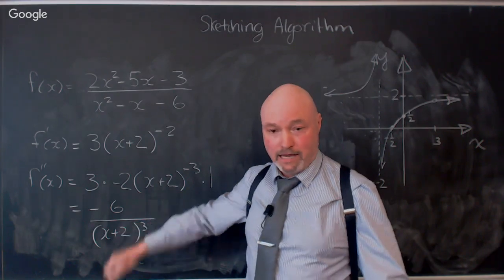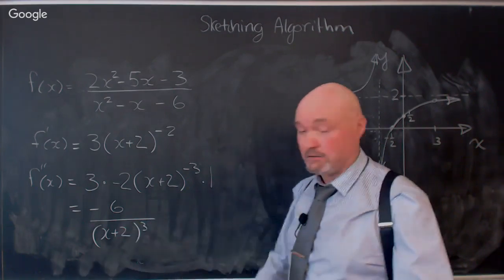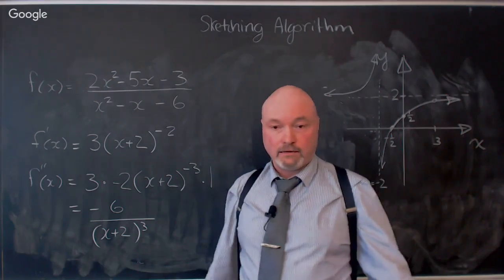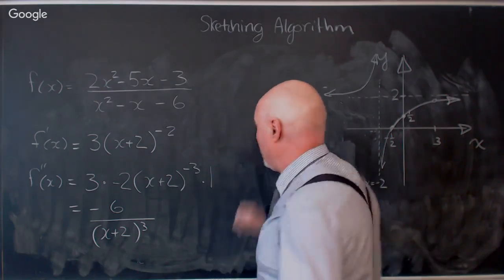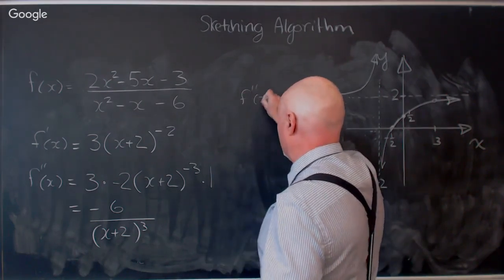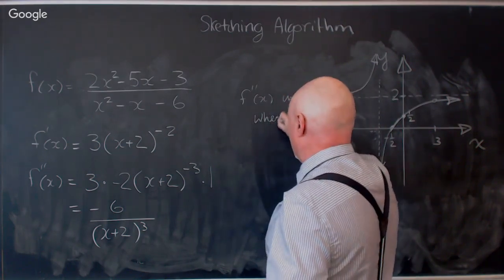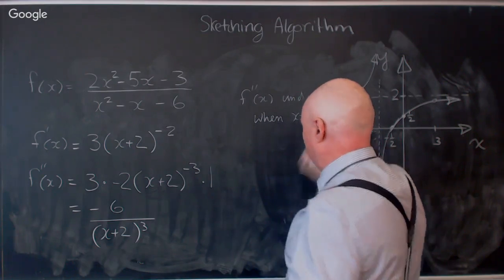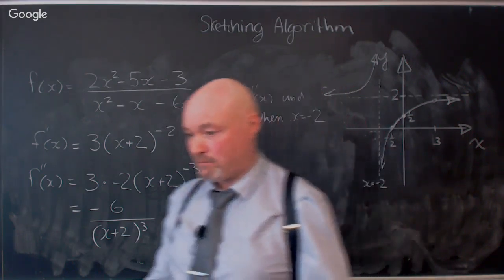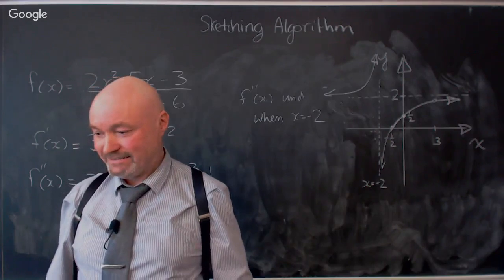Absolutely nothing. There is no value for which it's equal to 0, but we do have a place where the second derivative is undefined, and that is when x equals -2 again. Keeps popping up.